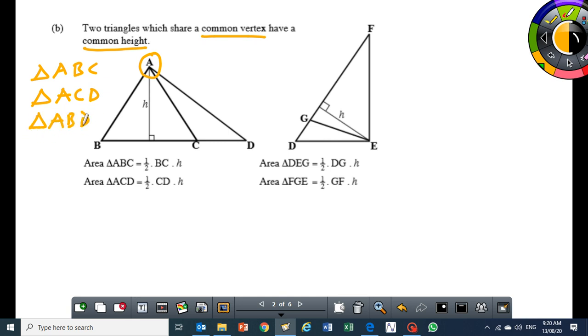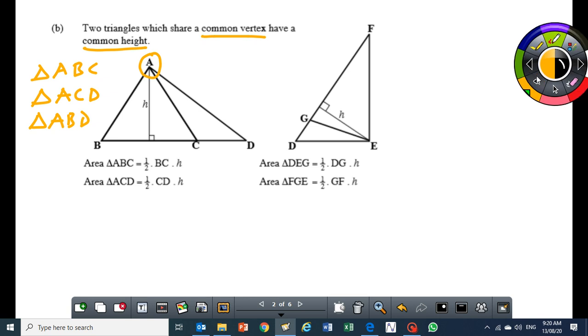Those are the 3 triangles we have. You can see that A is appearing in all their names. That A is our common vertex. As long as triangles share a common vertex, you can conclude that their heights are the same. So you can end up writing the formula like that.